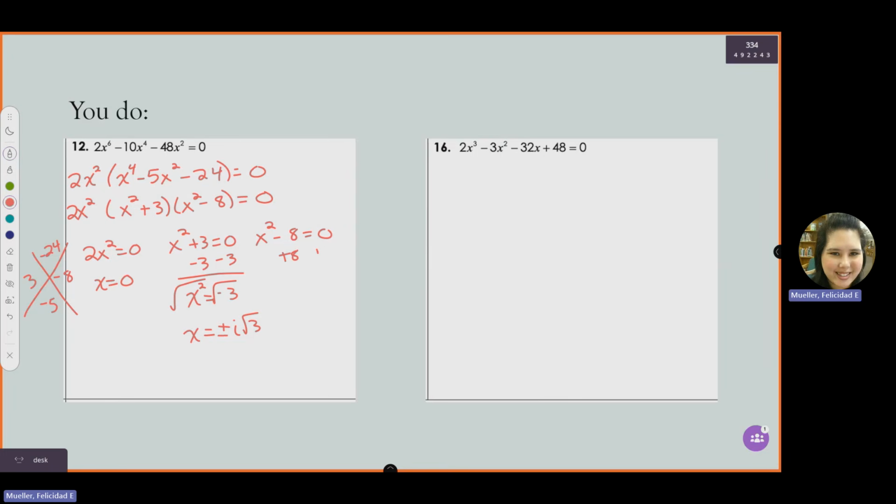We're going to add 8 to both sides here. Take the square root of both sides. And we're going to get x equals plus or minus 2 square root of 2. My final answer would be plus or minus i square root of 3, 0, and plus or minus 2 square root of 2.